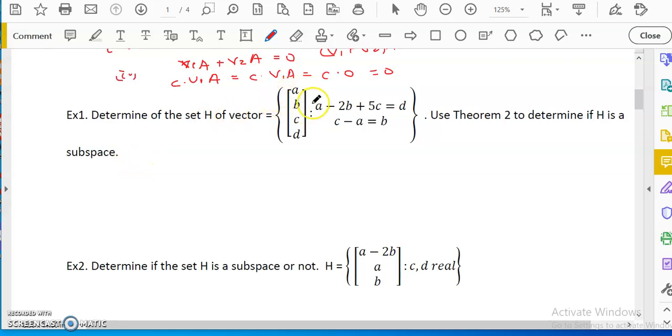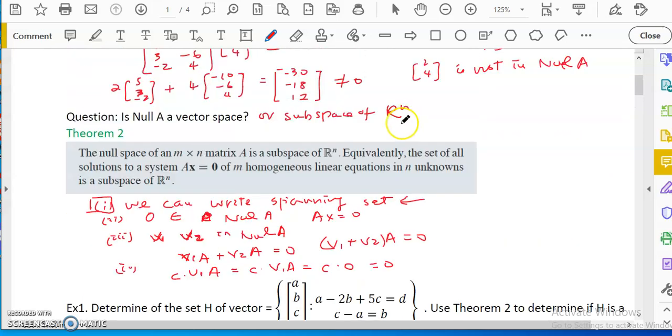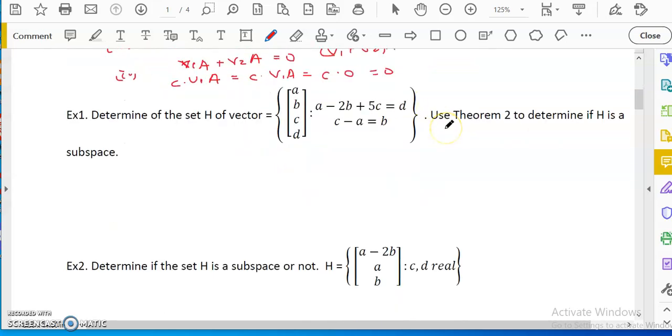For example, I have a set of ABCD in R4, a subset of R4 that satisfies two requirements. Use theorem 2 to determine if H is a subspace. Theorem 2 says it belongs to a system of equations, a null equation. If I write this out, it would be A minus 2B plus 5C minus D equal to 0, moving the D over.